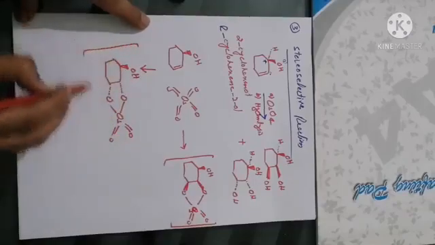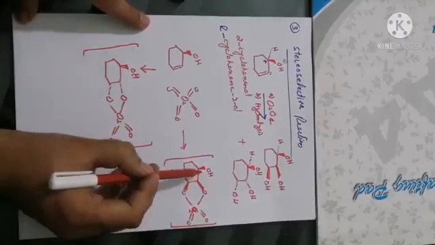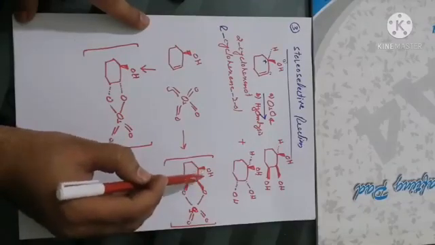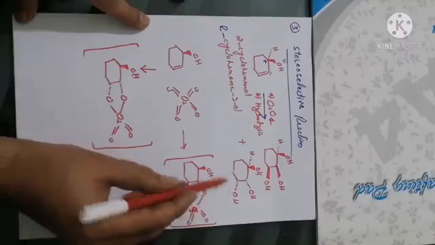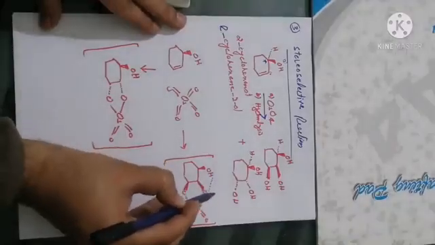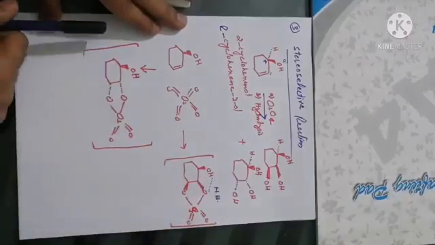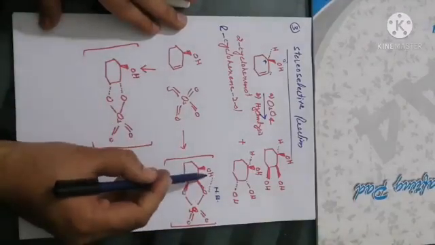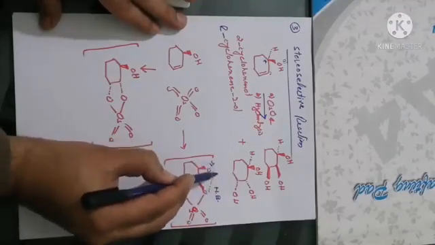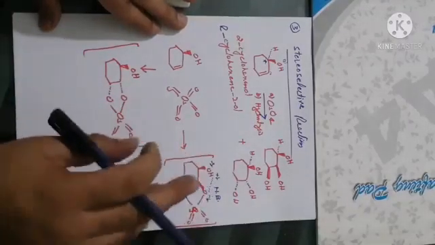So which transition state do you think is more stable? Here in this transition state, this hydroxyl and this oxygen are on the same side of the cyclohexane ring. So there are great chances of hydrogen bonding between these two oxygen atoms, with hydrogen bridging between two electronegative elements. This hydrogen bonding makes this transition state more stable.